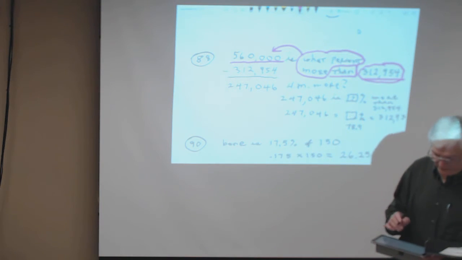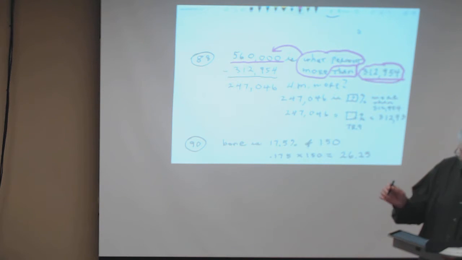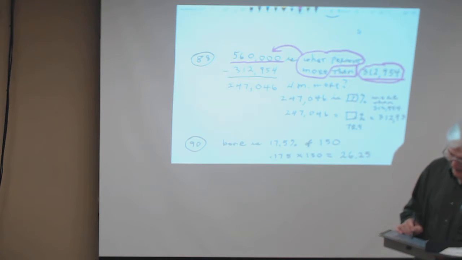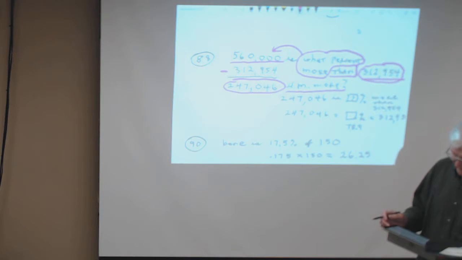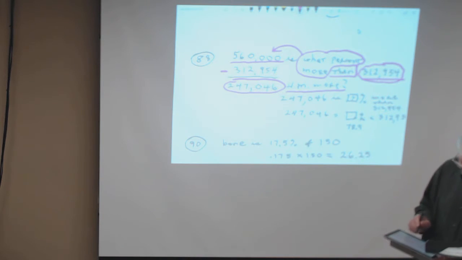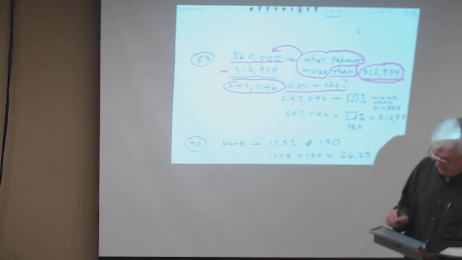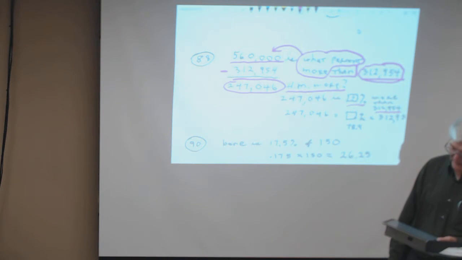So, watch what I have to do here. I can't go directly to that percent. So I say, how much more does this one cost? So I take the 560,000 minus the 312,954, and I end up with 247,046. And then I say 247,046 is what percent more than 312,954.